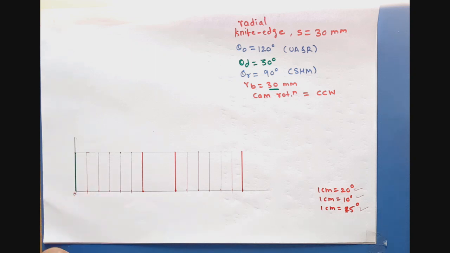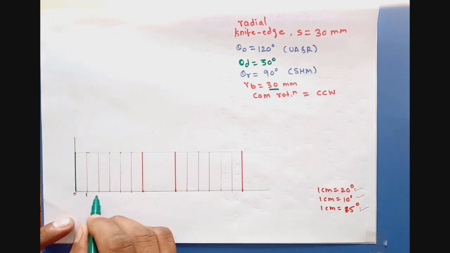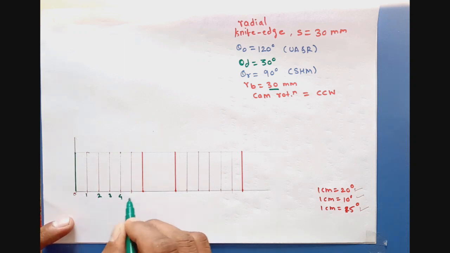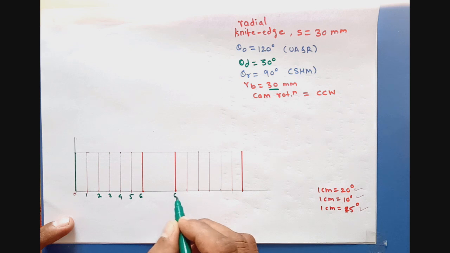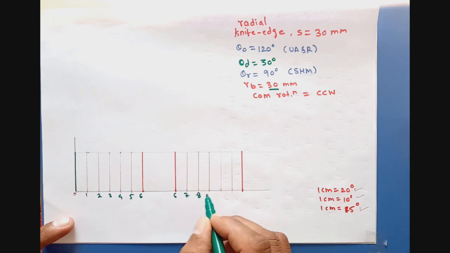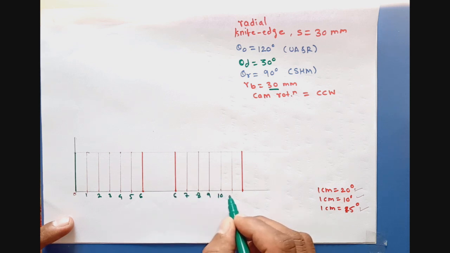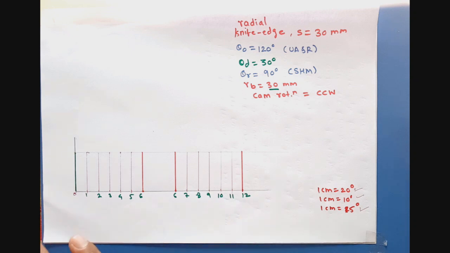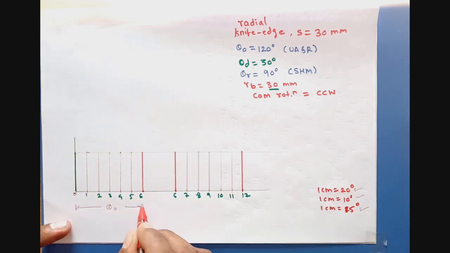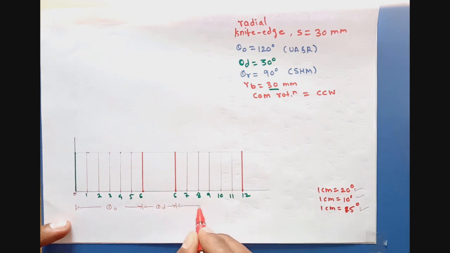So 0, there is my 1, 2, 3, 4, 5, 6, 6, 7, 8, 9, 10, 11 and 12. So I have numbered the divisions. Now this is outstroke angle theta O. Next is dwell period of 30 degrees, and this is return stroke of 90 degrees.